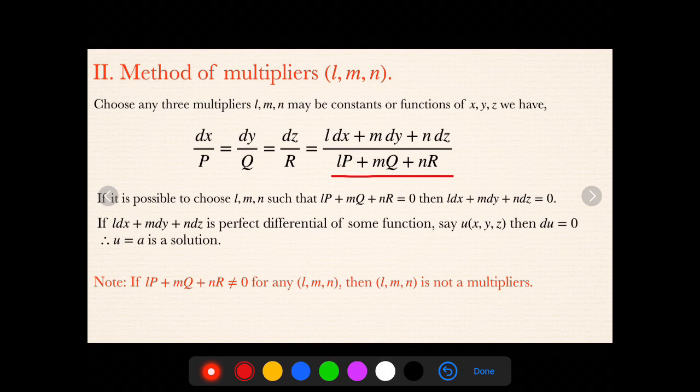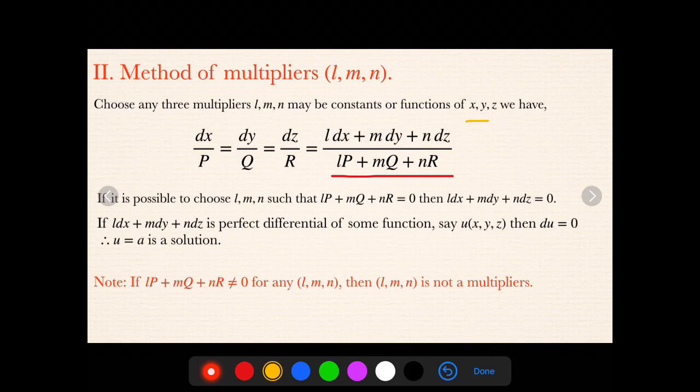Otherwise your integration becomes complicated if you go with things like yz, xz, or 2x, 2y plus 2xz. One more important thing, remember carefully: you can interchange x and y, that is, choose l as a function of y and m as a function of x, but don't choose n as a function of x and y. n is always a function of z.